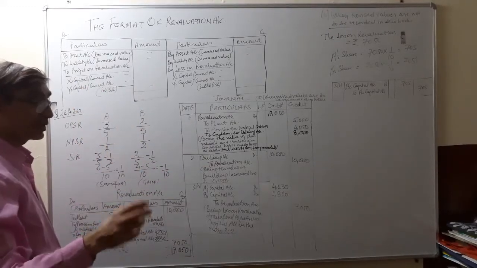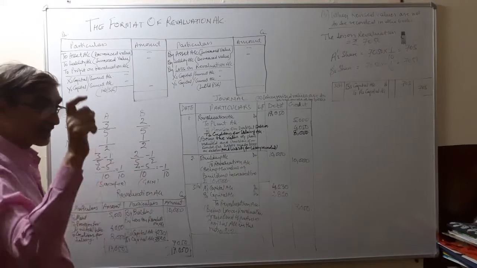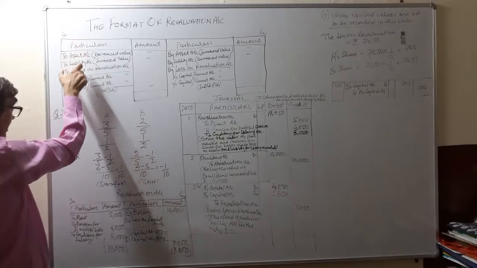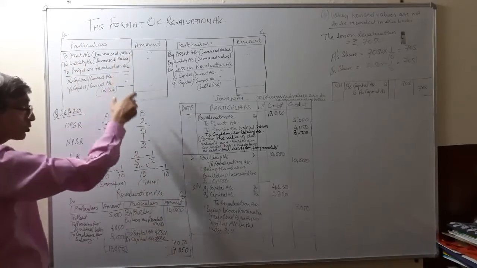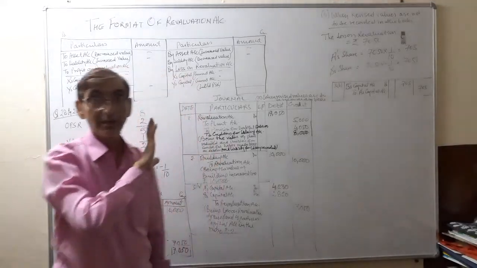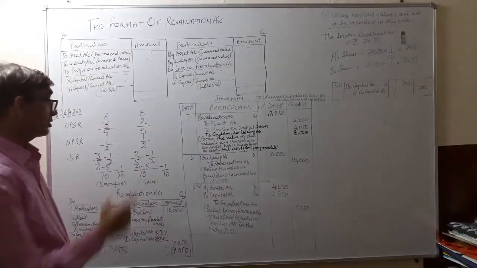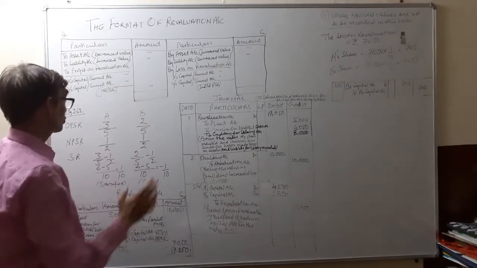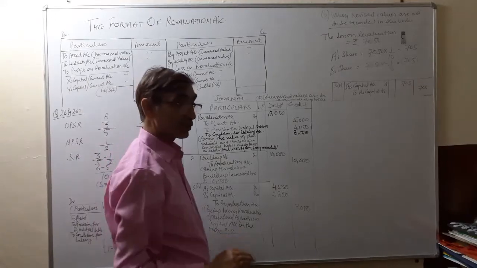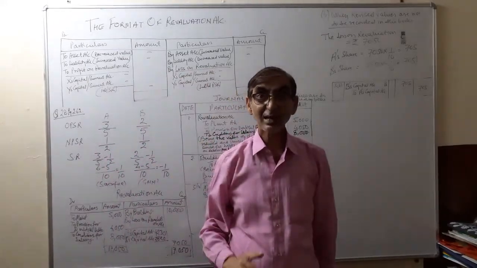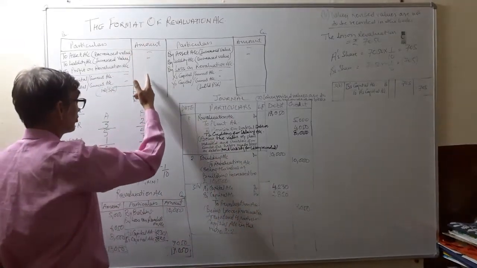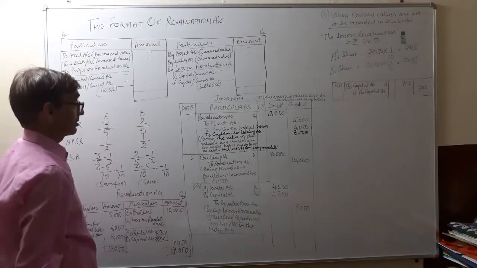All those assets whose value will decline in a particular year, they all will be debited, and the amount by which they will be debited is the amount by which their value is declining. जितने से उनकी वैल्यू कम होगी, that amount will be shown in the amount column. Similarly, all those liabilities whose value is increasing, by the amount of the increase in the value of the liability, the revaluation account will be debited.